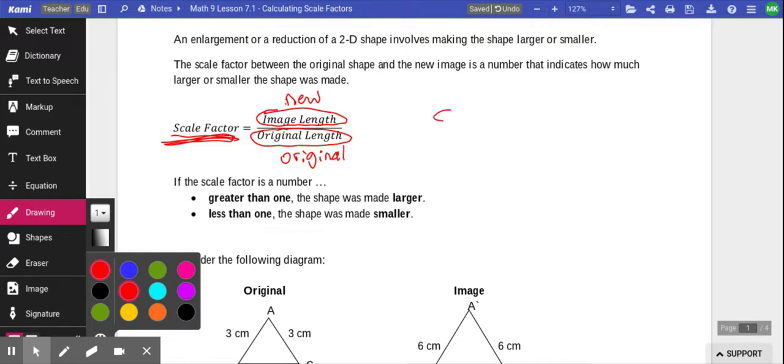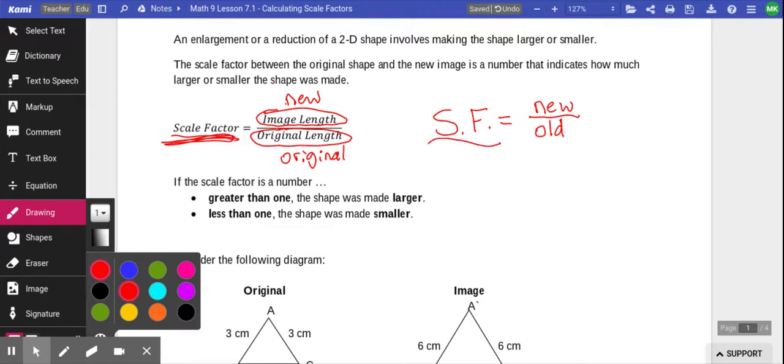I'll say this, so SF for scale factor equals the new over the old. That's how I'll generally discuss it. I might use old, I might use original. I usually jump back and forth in between the two. But it's always new image divided by original image. And that's how you get the scale factor, which I just use SF to describe.